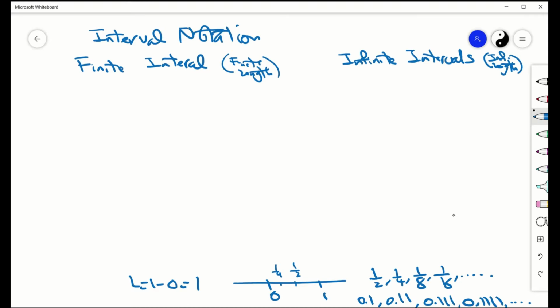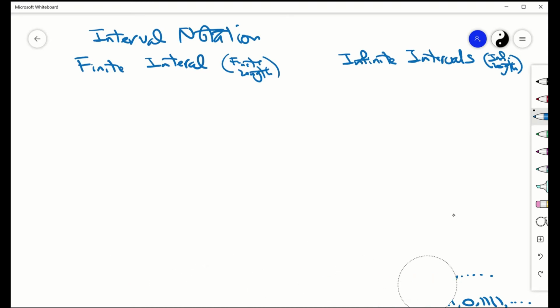All right, so let's look at the finite intervals. So let's say that we want to look at the set of all real numbers between, say, 2 and 5, right? Well, the way we describe that, if we don't want the numbers 2 and 5 to be in that set, we say basically all real numbers between 2 and 5, and that's where we leave it, right?